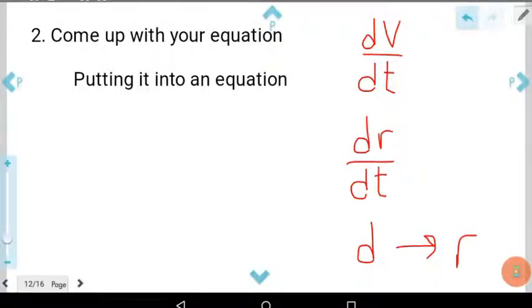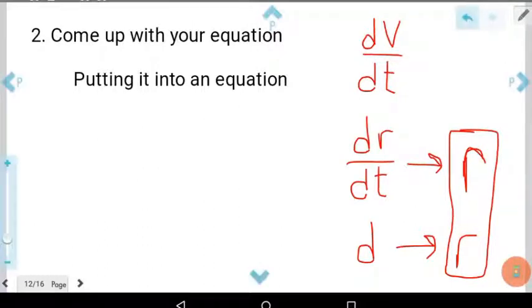We could use either of these, whichever is easier. Since we know dr/dt, we probably want to include the radius rather than the diameter, because we already know the radius's rate of change.